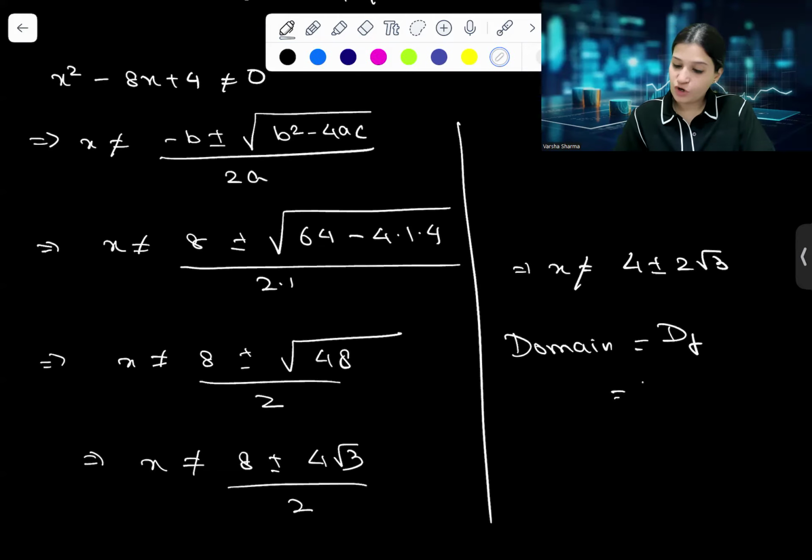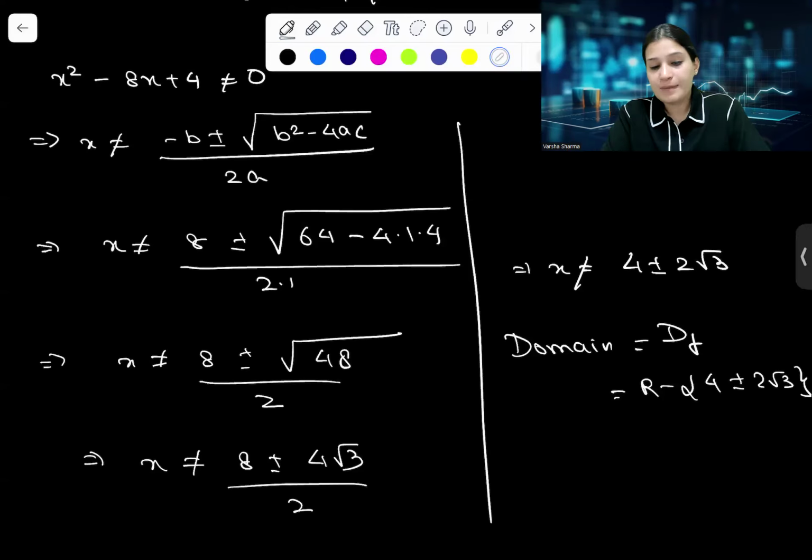So this would be all real numbers except 4 plus minus 2 root 3. Yes or no? Any problem? Understood?